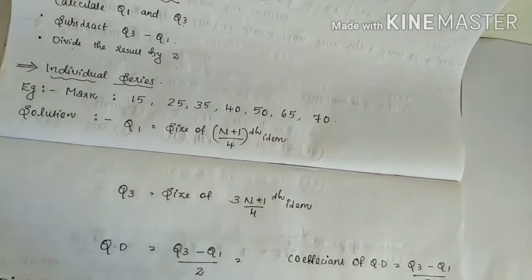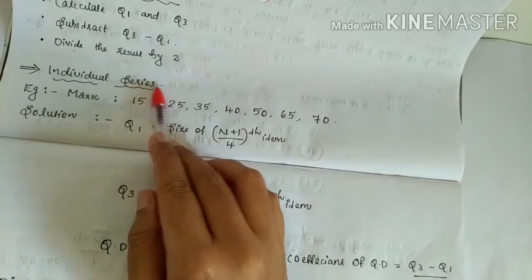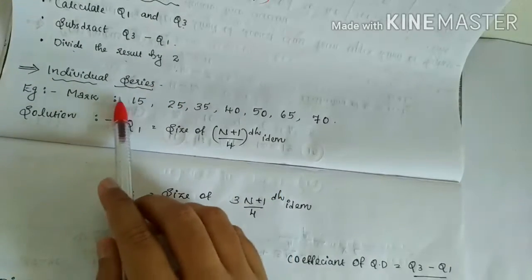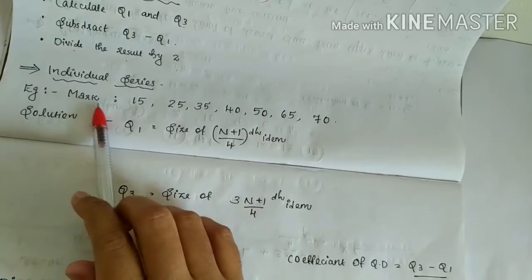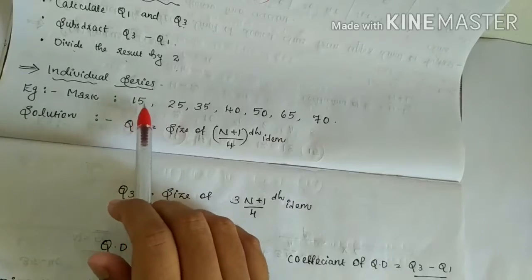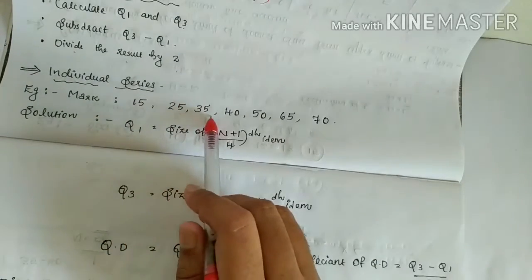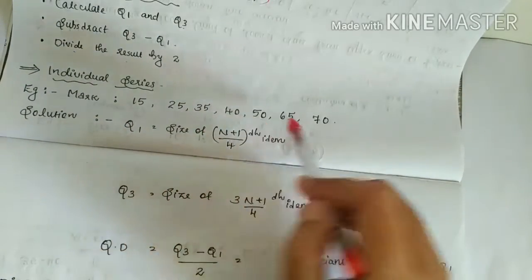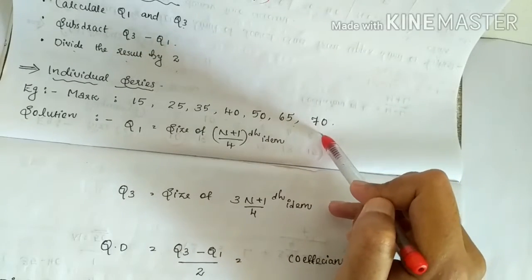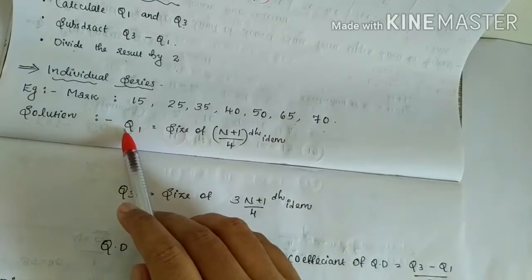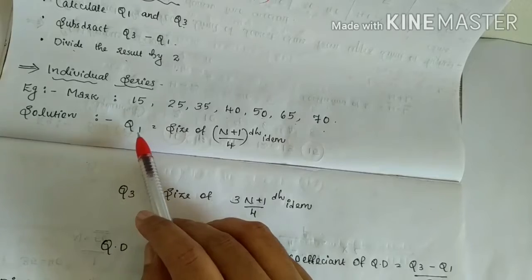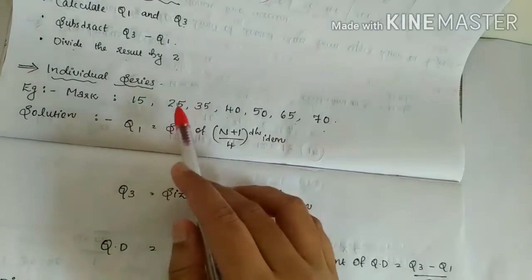How to calculate quartile deviation in individual series. We have to work out an example, that is, marks are given: 15, 25, 35, 40, 50, 65 and 70. First we have to calculate Q1.